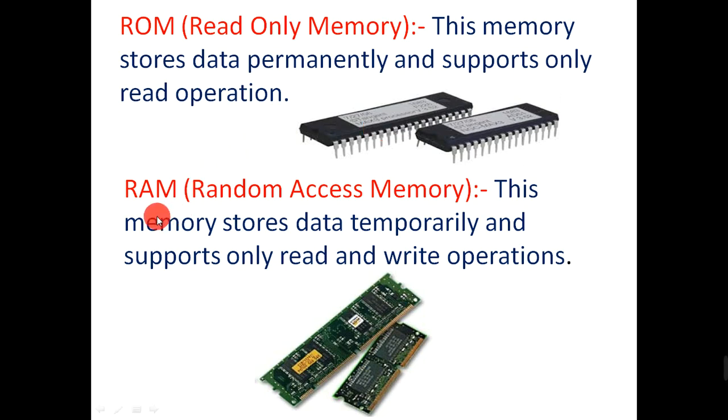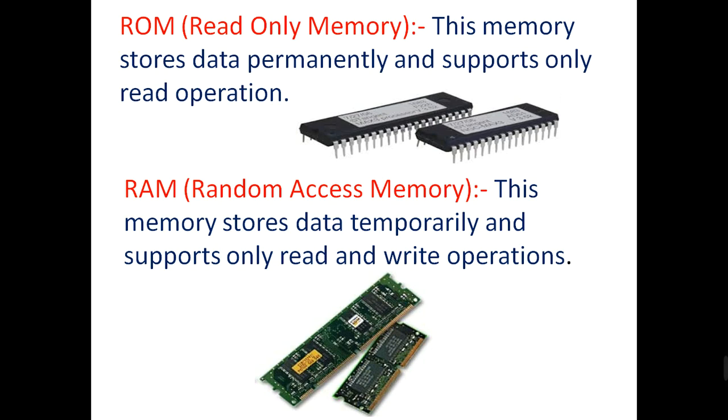Now the next one is RAM. RAM stands for random access memory. It stores data temporarily. Means when the computer is getting power supply, means getting electricity, RAM will store its data at that time.